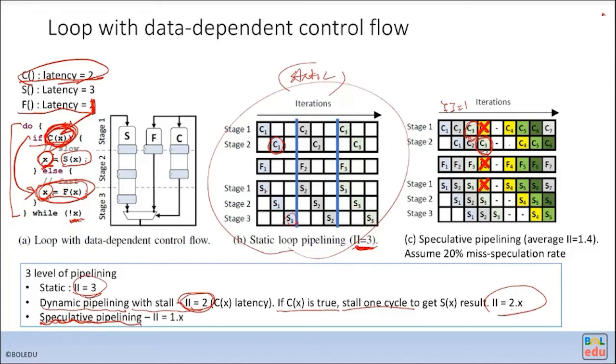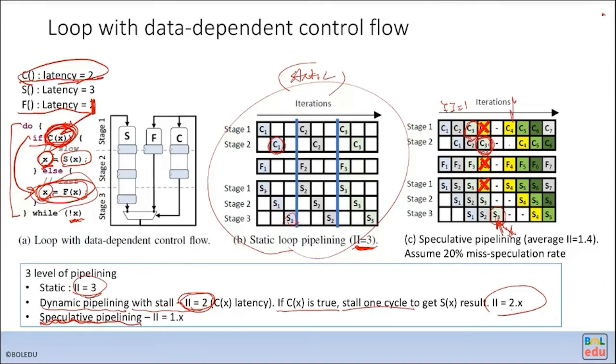Because we speculated it to be false to take the fast path, once the evaluate is true, it will stall the pipeline until you get the result from the slow function. That's the true X value you can get. Then you restart this pipeline.